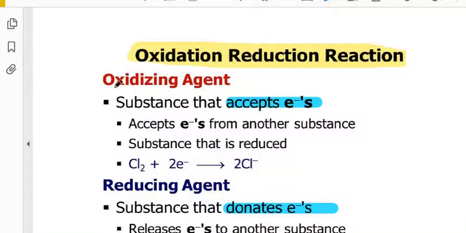In that, one term comes that is called oxidizing agent, and another is reducing agent. So what is an oxidizing agent and what is a reducing agent, we will see.